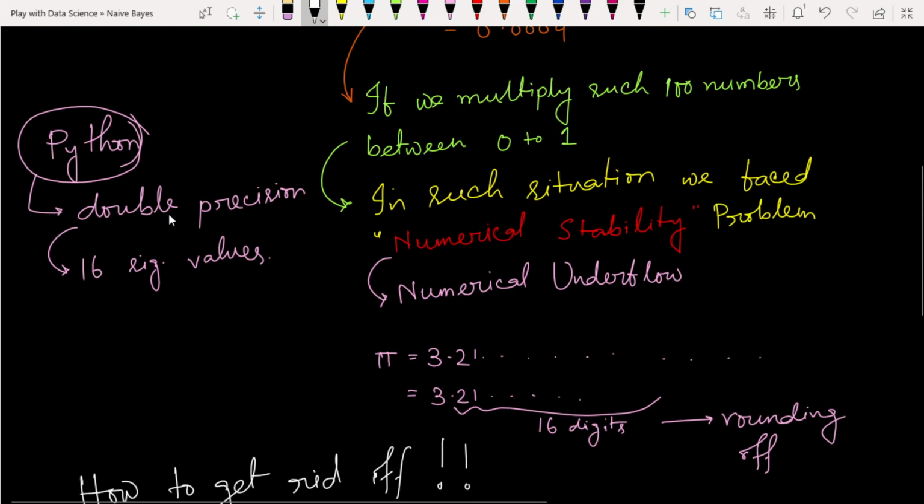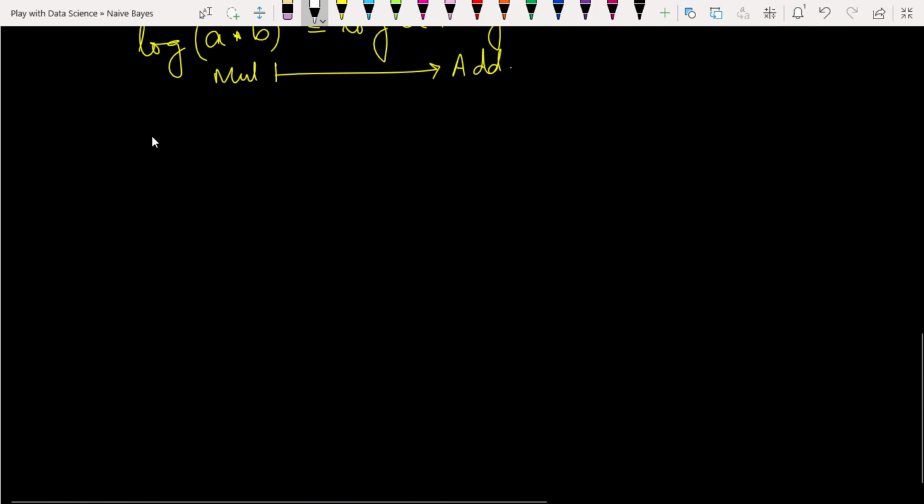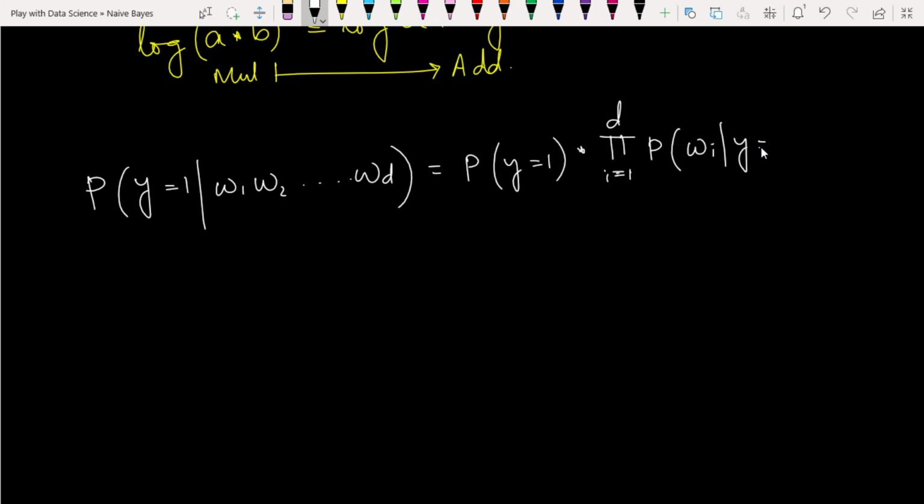Suppose, what is our actual probability? Our probability is this one. Let me write down this probability: probability of y equals 1 given w1, w2, is equal to the product of the probability over i equals 1 to d, times the probability of y equals 1.